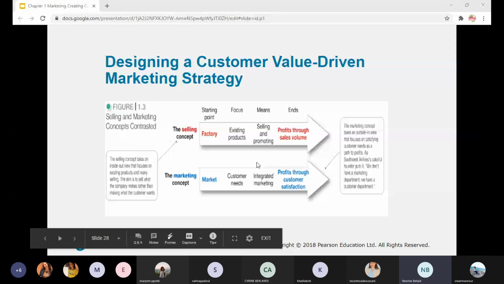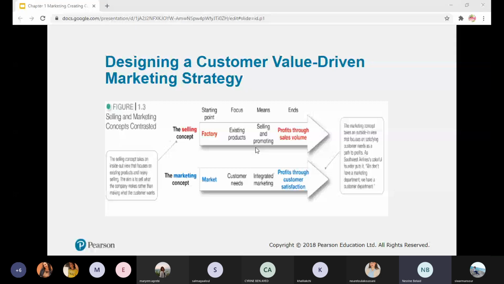This figure contrasts the selling concept and the marketing concept. The selling concept takes an inside-out perspective. It starts with the factory, focuses on the company's existing products, and calls for heavy selling and promotion to obtain profitable sales. It focuses primarily on customer conquest, getting short-term sales with little concern about who buys or why. In contrast, the marketing concept takes an outside-in perspective.